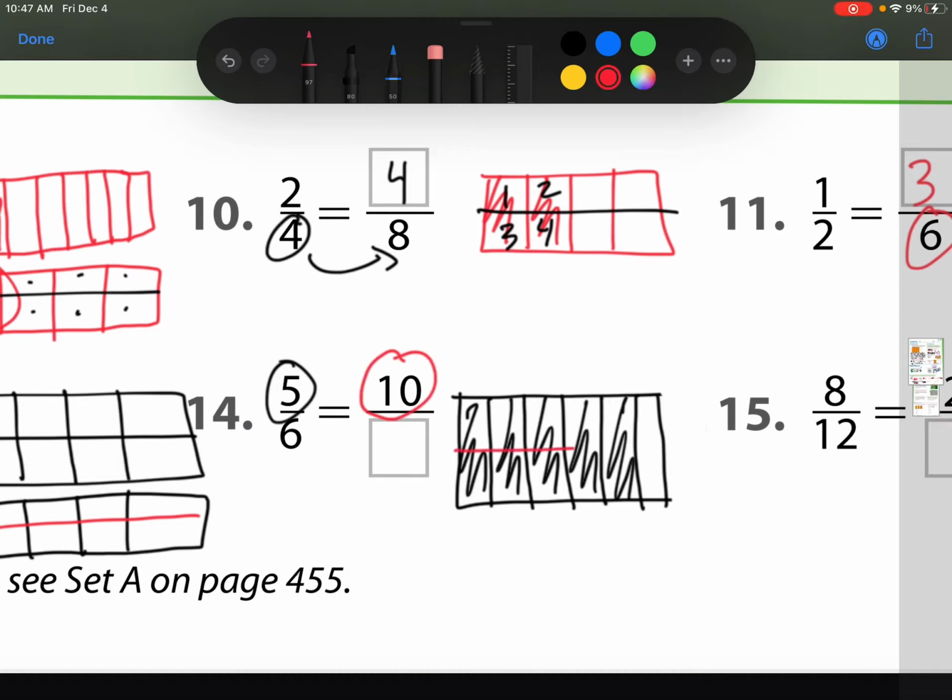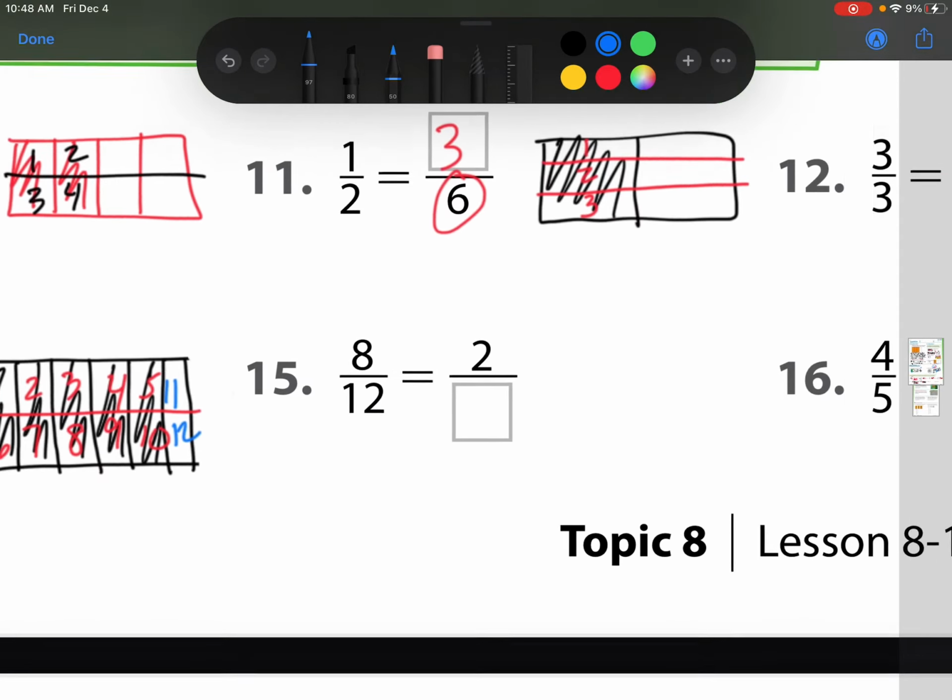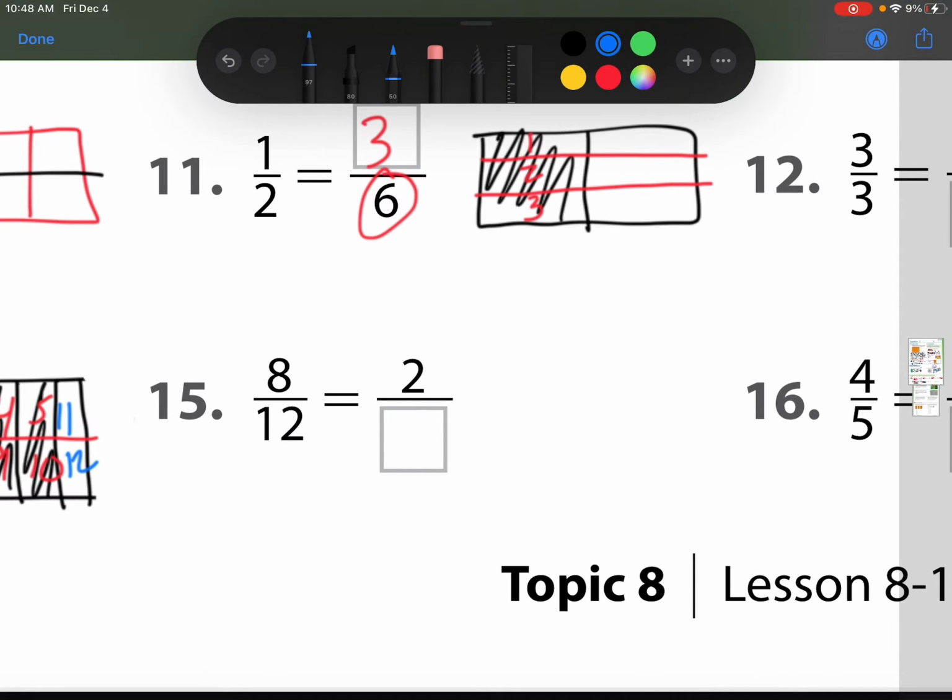So remember, if I split it in half, I now have 10. 1, 2, 3, 4, 5, 6, 7, 8, 9, 10. But we're looking for the total pieces now, the whole amount. So how many total pieces do I need? Well, I would need 11, 12. I would need 12 total pieces to make that part. Okay, same thing here. We have 8 twelfths.